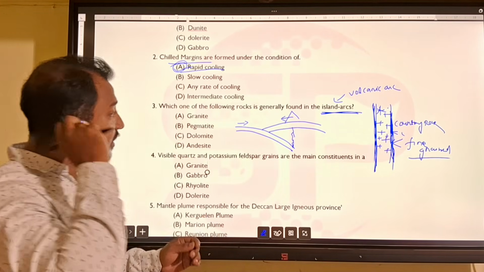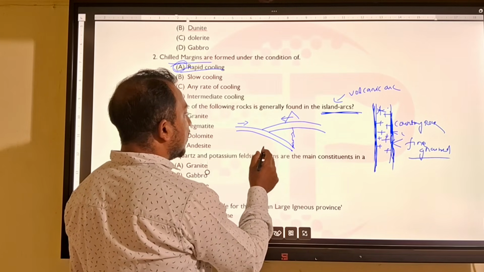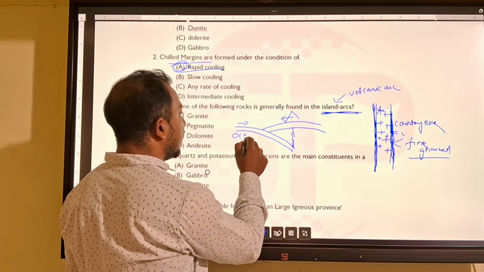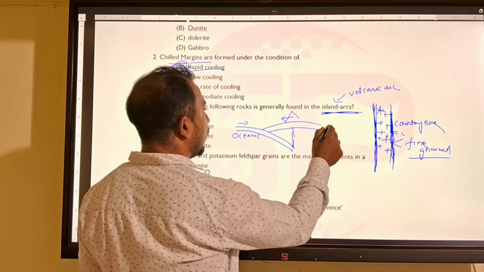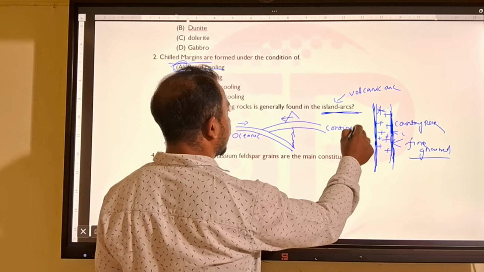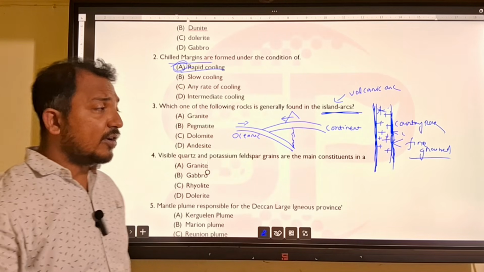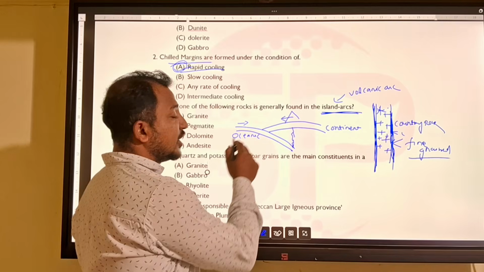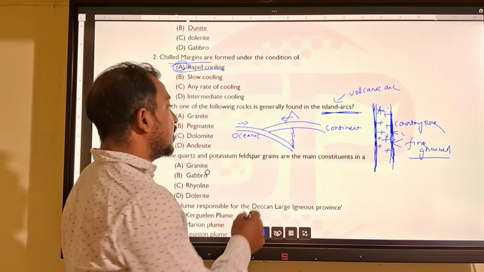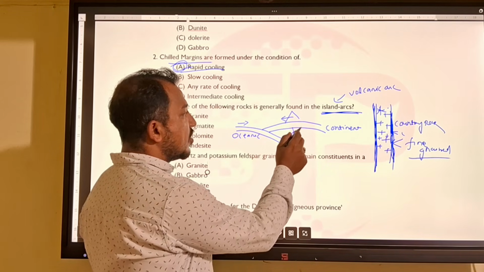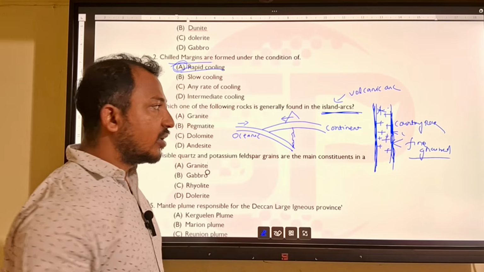When there is involvement of oceanic plate and continental plate, during subduction the oceanic plate is denser, so it will be the subducted plate, and the continental plate is the lighter one.